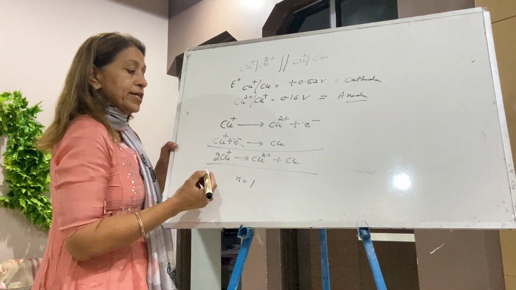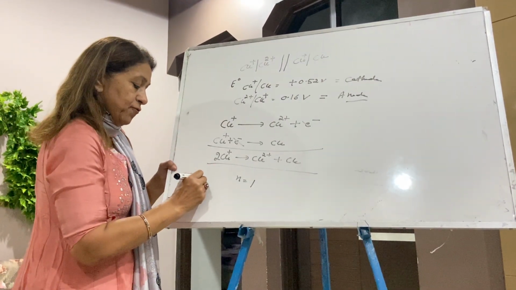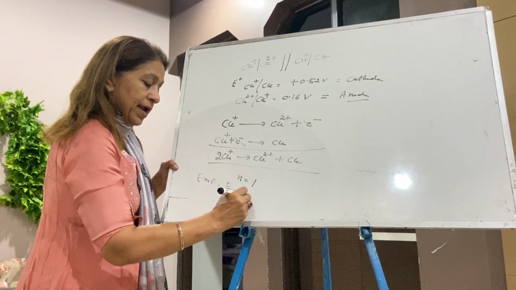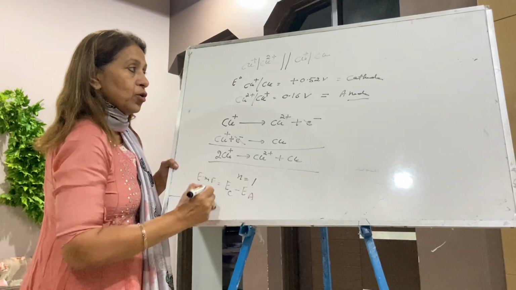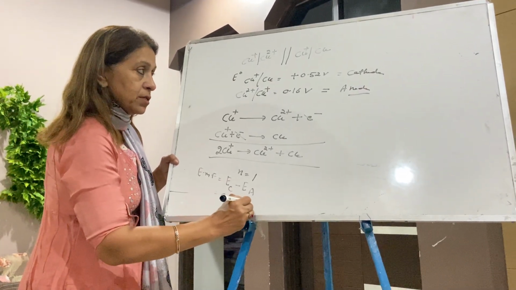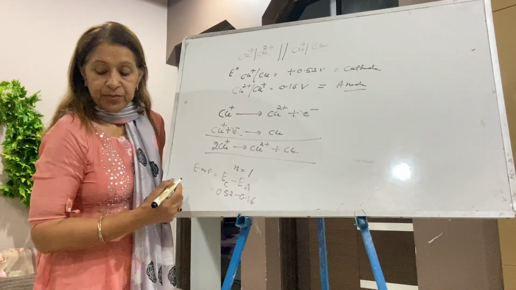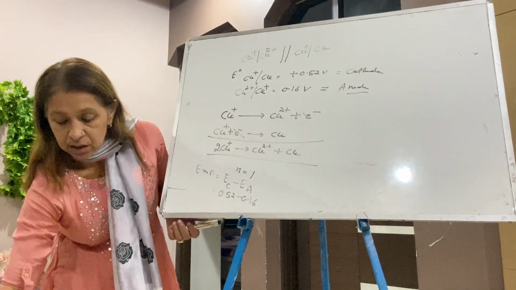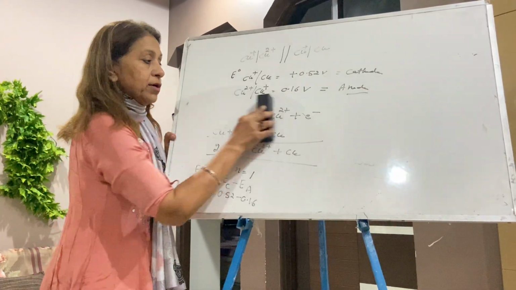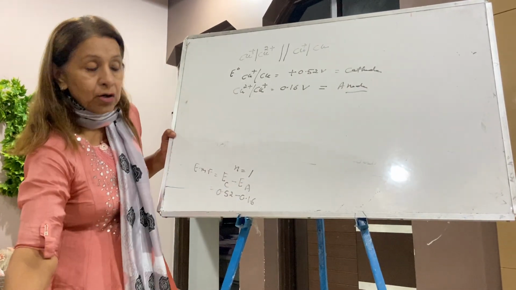Now you can calculate the EMF. EMF is equal to E cathode minus E anode. Your cathode is 0.52 minus 0.16, so do that subtraction. It is 0.36 volt. Write down the formula and put the value.